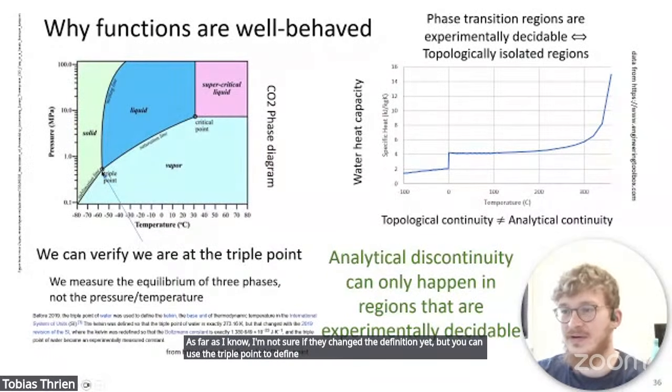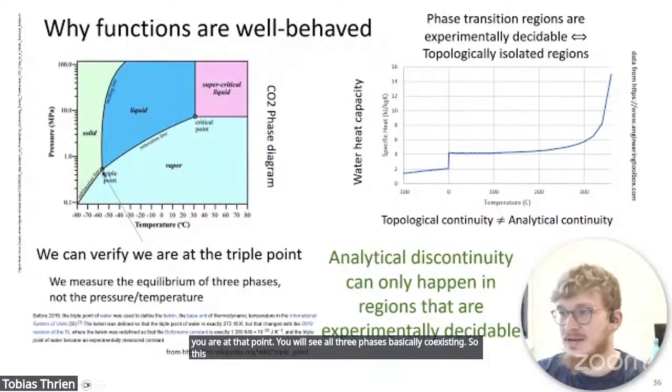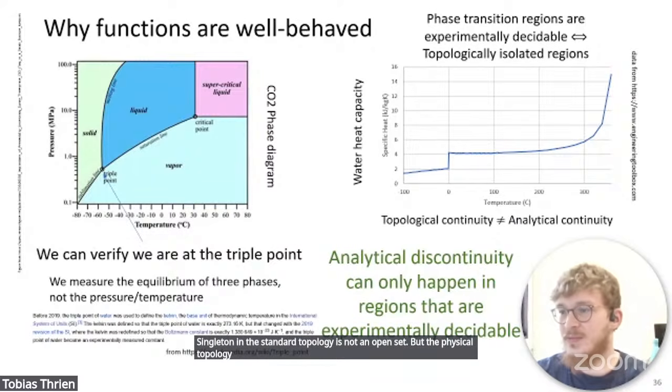So you can definitely verify that you are at that point. You will see all three phases coexisting. So this singleton in the standard topology is not an open set, but the physical topology, that tells me what is verifiable and what is not, would include that singleton, and that will change what we mean by continuous.